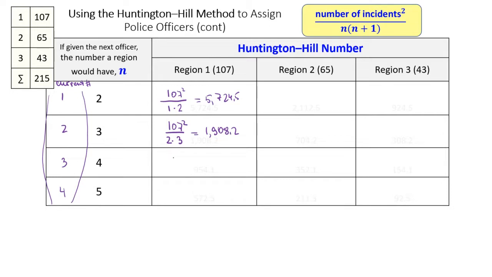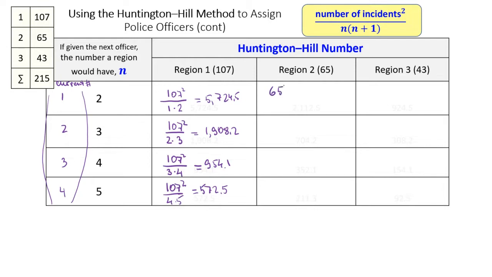The next, so if the current is 3, the numerator is the same, the number of crimes for this period of time that we consider, divided by current, by future. Okay, 954.1. And the last line, 107 squared divided by 4 times 5, 572.5. And the same for the second column, the numerator will be different.